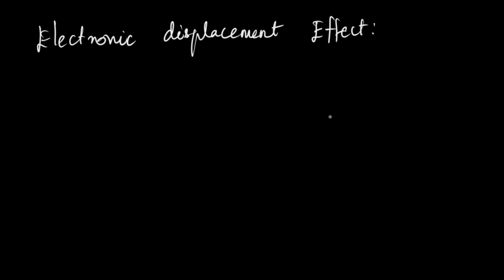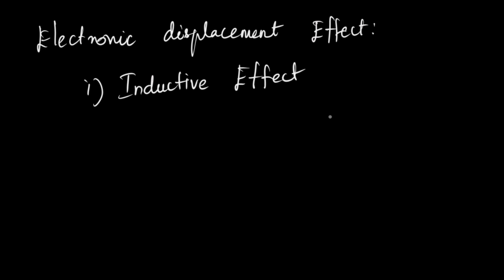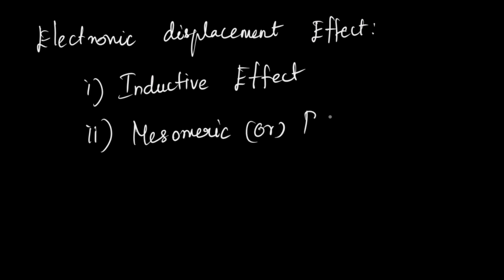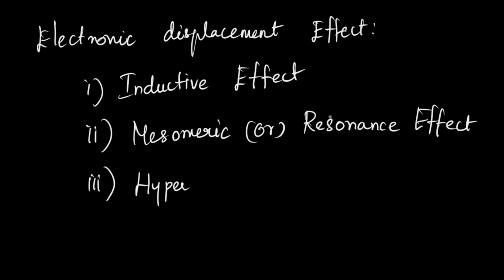So these 4 effects: the first one is the inductive effect, the second one is the mesomeric effect, also called the resonance effect, the third one is hyperconjugation, also known as the Baker-Nathan effect, and the fourth one is the electromeric effect.